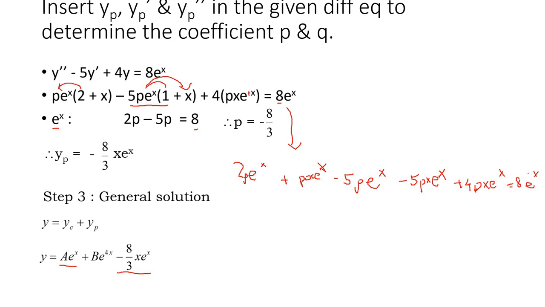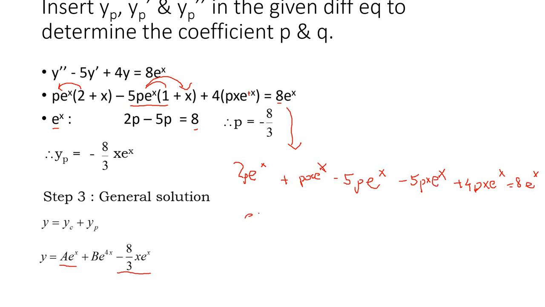Okay, my step is that I'm lazy to expand, so I just observe and extract it out. If you cannot see what I do here, you may expand and simplify. So 2p, and then you can collect the same exponent x terms. Here I got 2p minus 5p, negative 3p, exponent x.